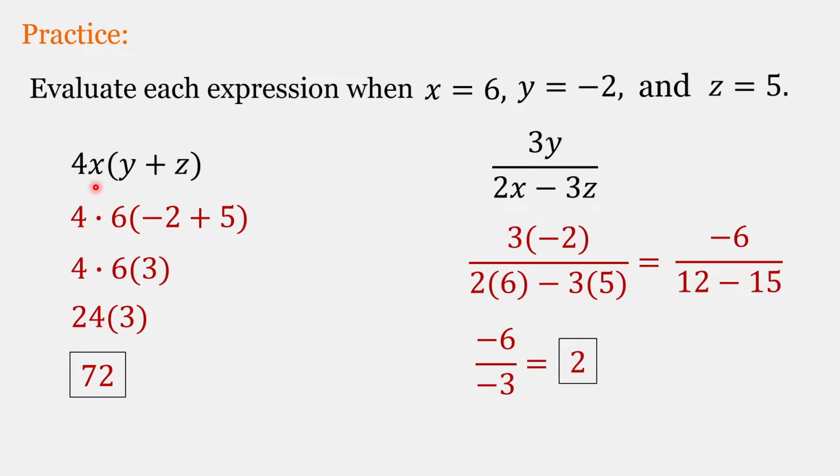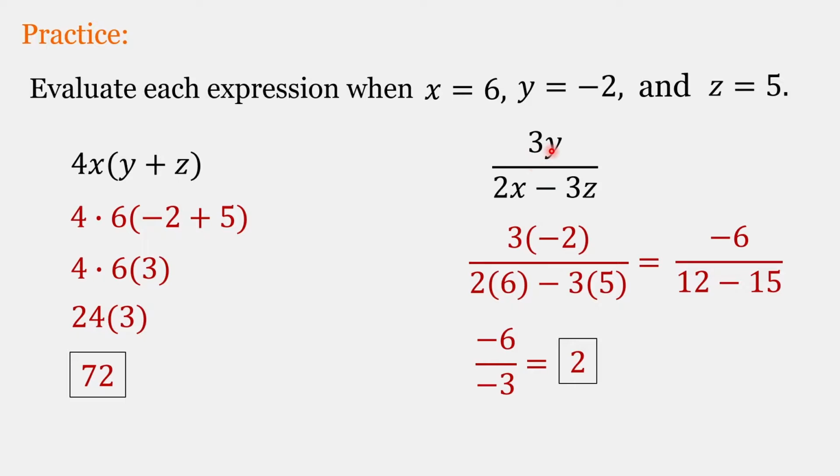We will replace each of the x's with 6, so that gives us 4 times 6. The y will be replaced with a negative 2, and the z will be replaced with a 5. Following PEMDAS, we will do the operations within parentheses first. So negative 2 plus 5 is 3. And then we'll multiply from left to right, giving a final answer of 72.